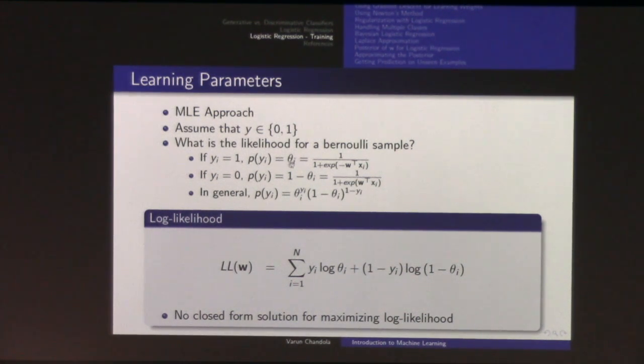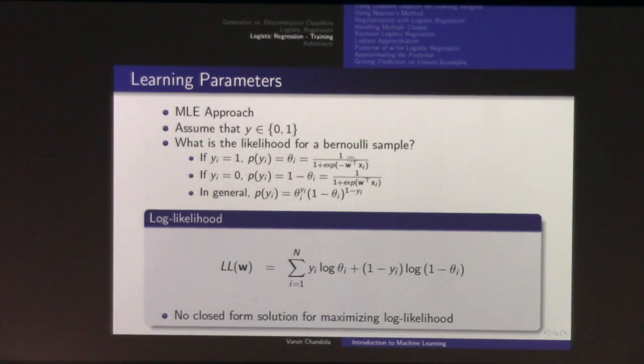Because we are assuming that yi is a Bernoulli random variable, which means that the probability of heads is always theta i. And as we have seen in the past, theta i is nothing but the sigmoid of W transpose xi, which can be written as this, right?